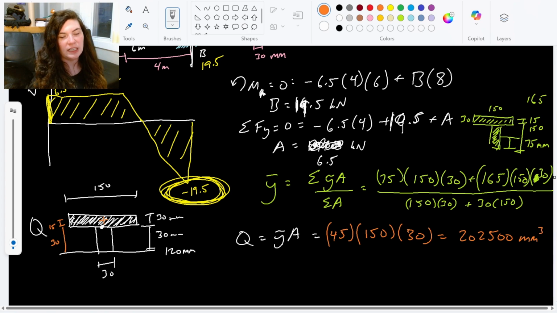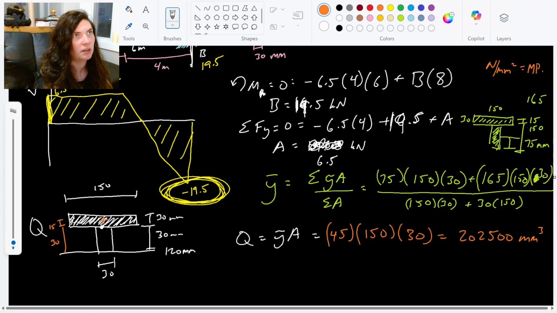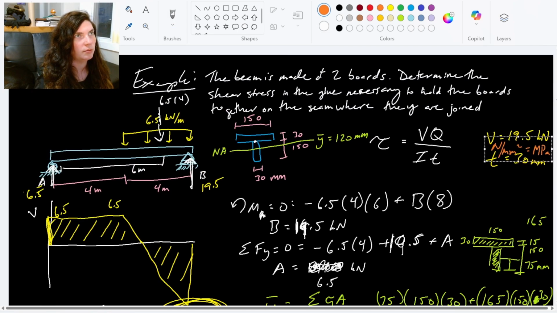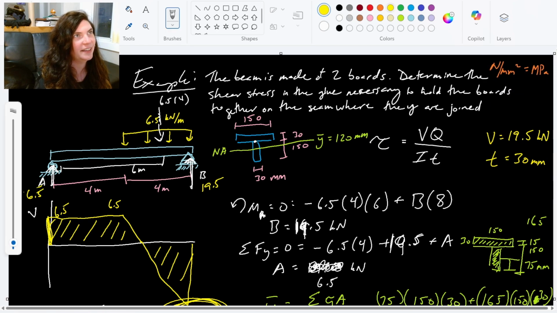And this time I think I'm just going to keep everything in millimeters because a Newton per millimeter squared gives me megapascals. So I'm hoping that I can work it out to just be megapascals. Newton per millimeter squared equals a megapascal. All right, so I've got Q. Oh, that's actually exactly where I did not want to put that. Move that handy conversion up there, I guess. And I can add Q to my collection of variables that I know.